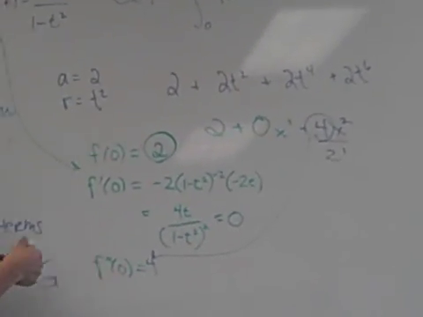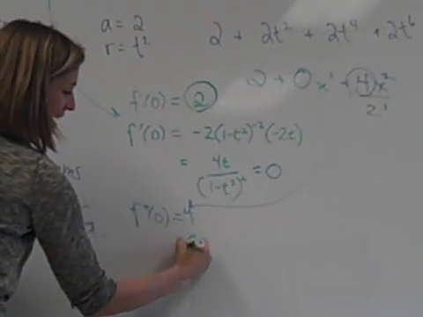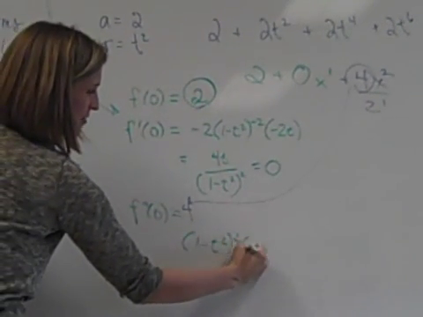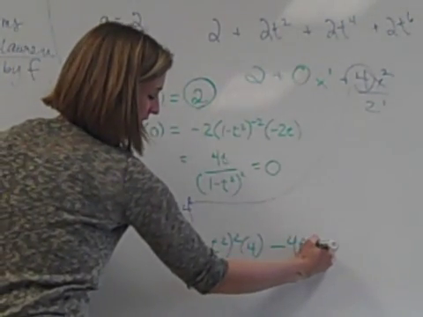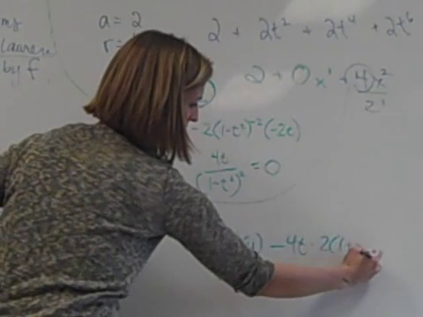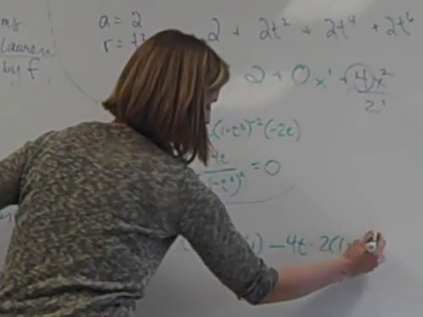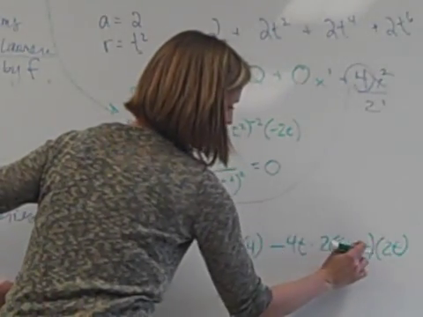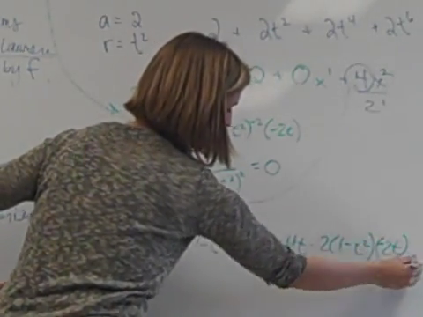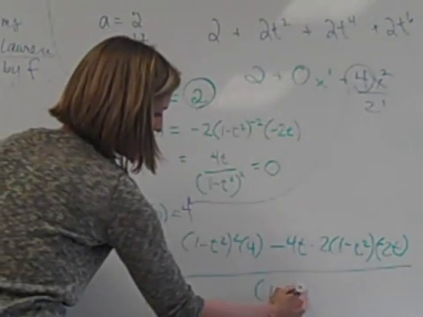If I took the second derivative, I'd have the bottom times the derivative of the top minus the top times the derivative of the bottom, over the bottom squared.